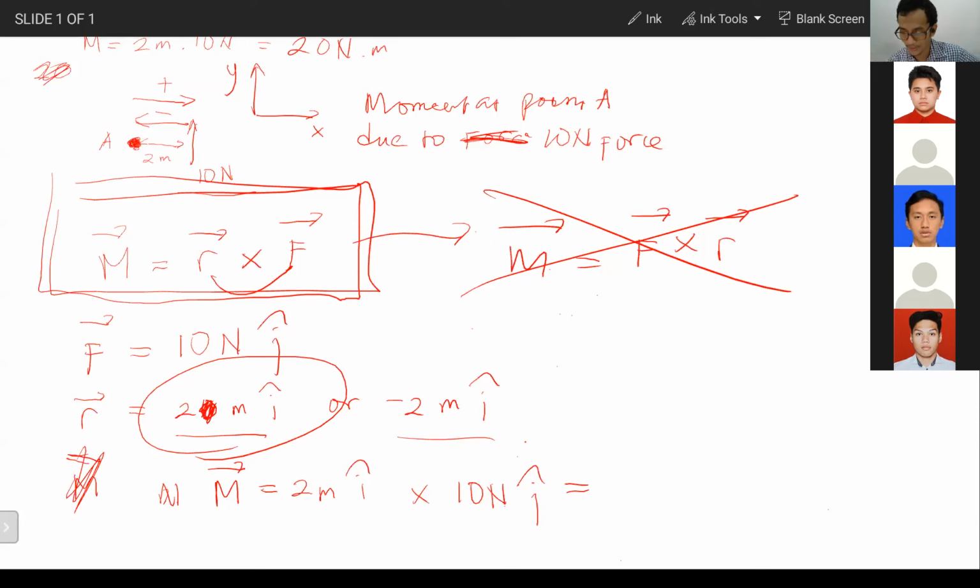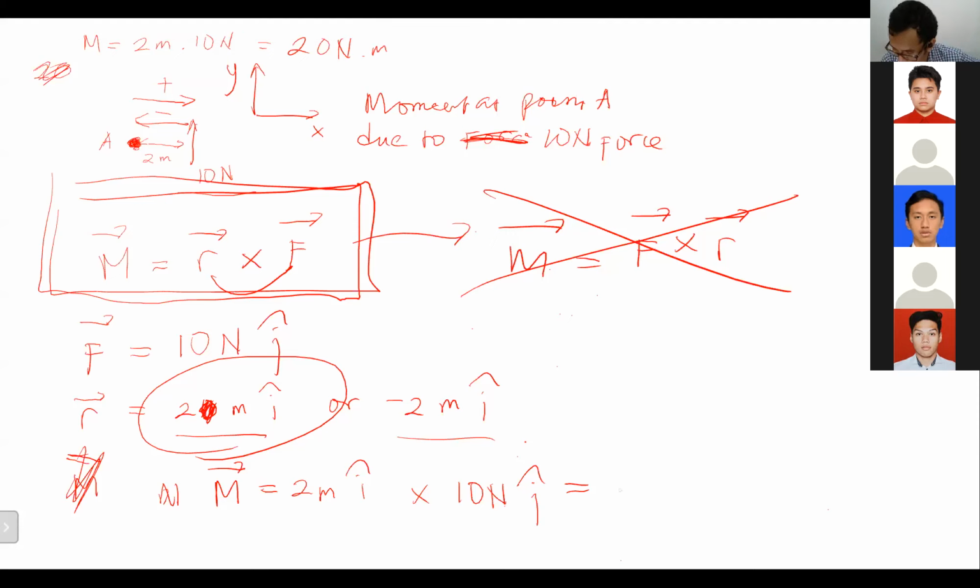So I cross J is supposed to be K. So the result here is supposed to be 20 Newton meter. The direction is K. So this is the result. So this is the way to handle it in a vector form.